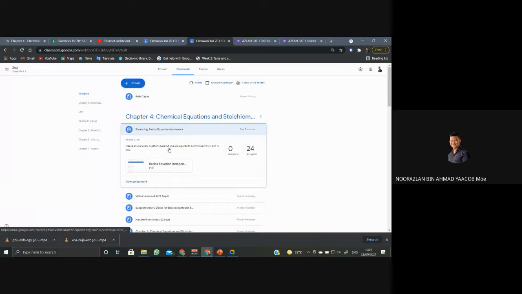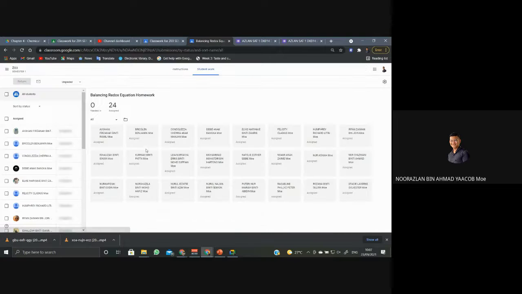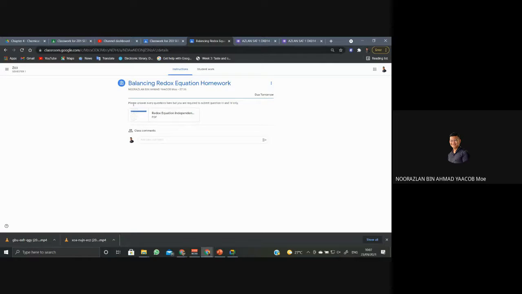If you open, saya dah bagi tahu dah instruction kat situ. Okay, view assignment. Mana dia instruction. Okay, please answer every question, but you are required to submit question 3 dan 4 sahaja. Soalan 3 dengan 4 sahaja yang saya nak kamu scan dan hantar kat saya. Tak payah hantar yang lain. Yang lain tu saya bagi jawapan.